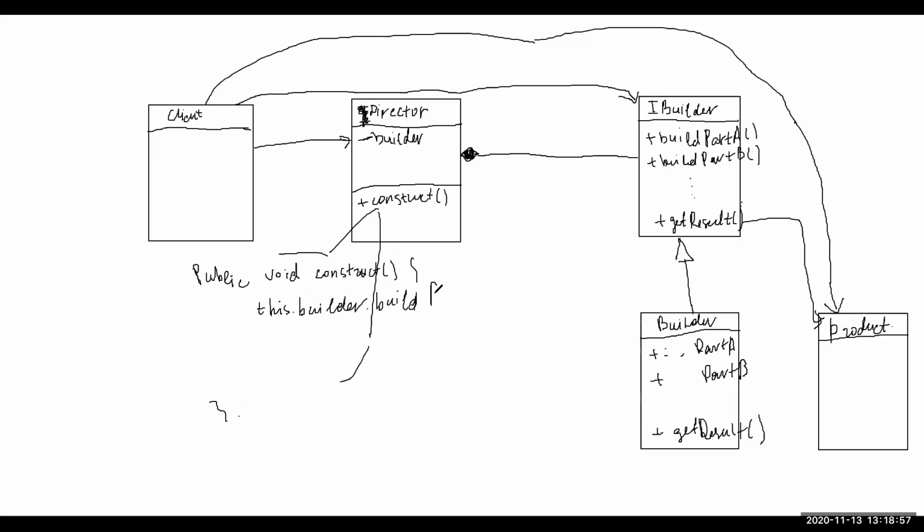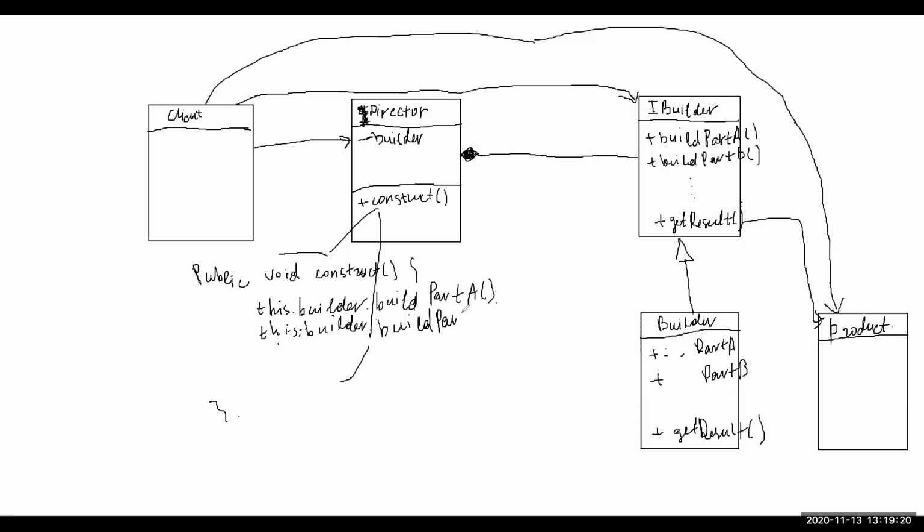Build part A, part B, if it's necessary to build this product. It's not necessarily that everything should be built in this order. This is basically the logic, how you're building the product.